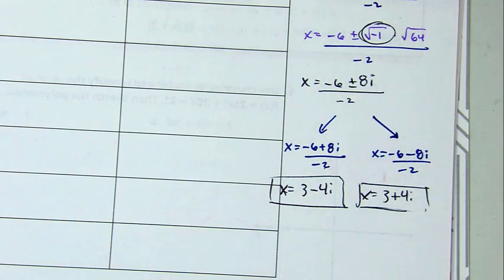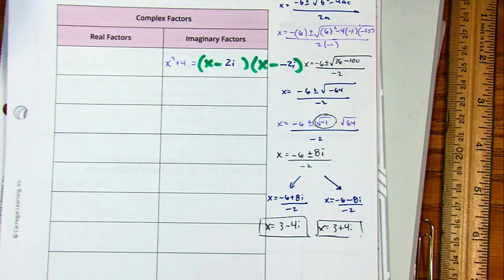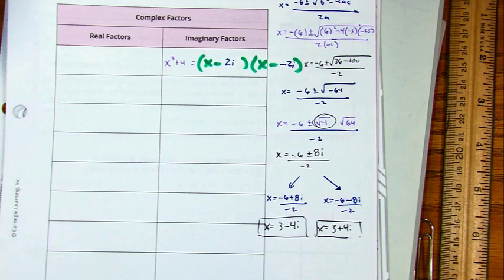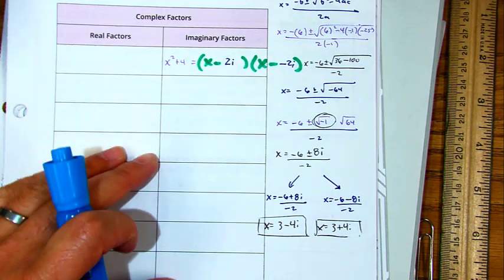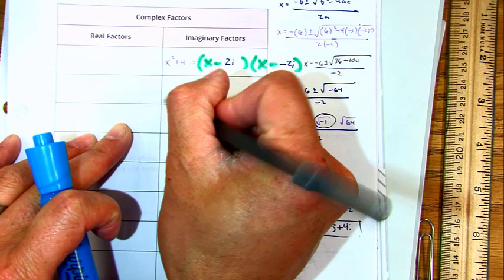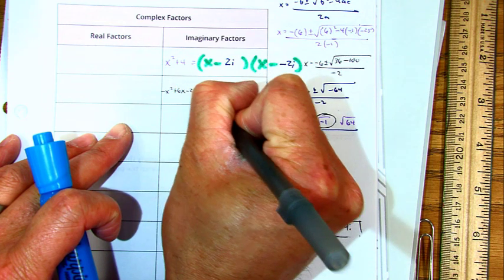For number 7, let's make sure we know how to do this all together. Class, is that going to be real or imaginary? Imaginary. It's going to be imaginary because I have the letter i. So let's write our answer. Negative x squared plus 6x minus 25.